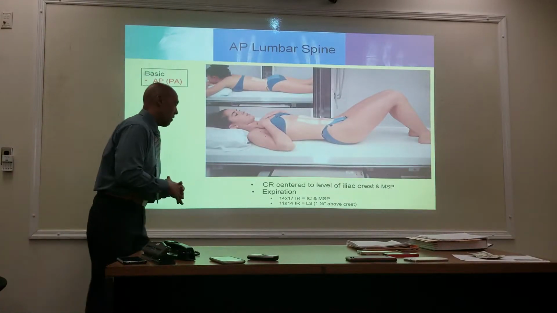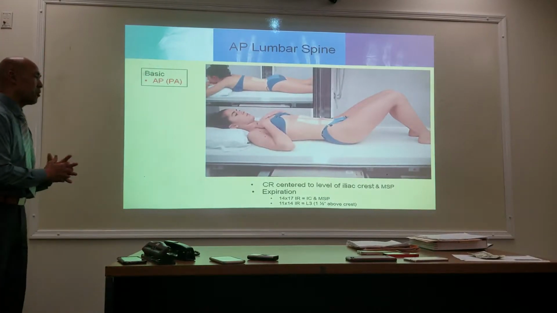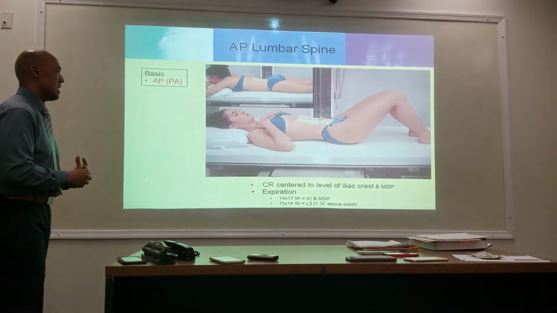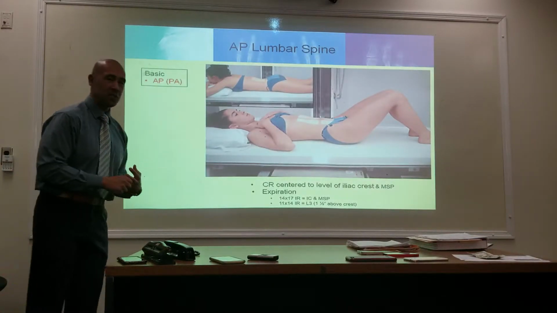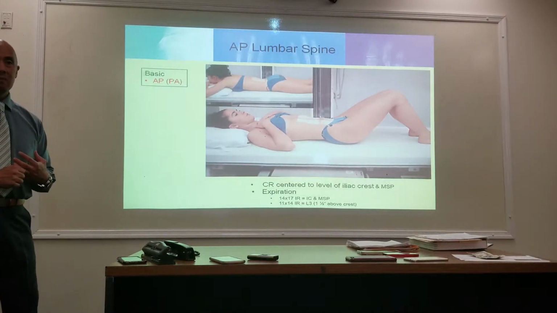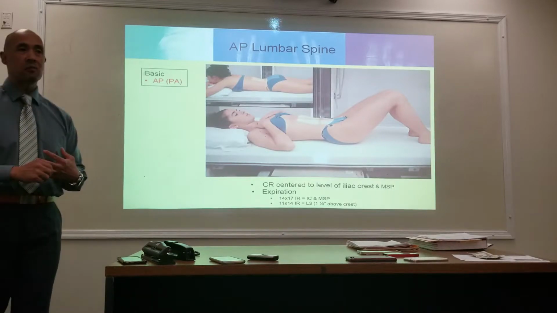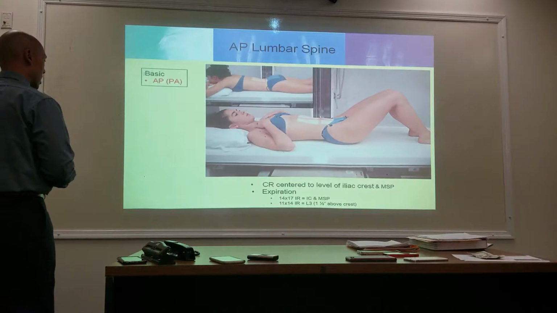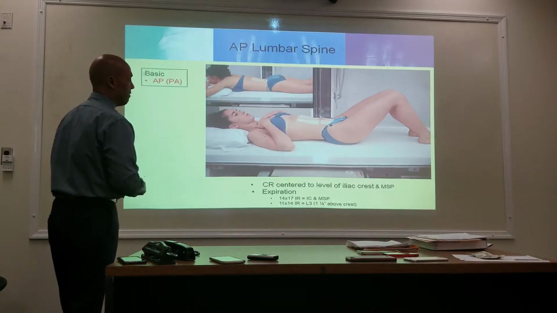If your field light is open to approximately 14 by 17, you're going to center at the level of the iliac crest in the mid-sagittal plane. But if your imaging field is smaller, 11 by 14, you're going to center 1.5 inches above the crest at the level of L3.